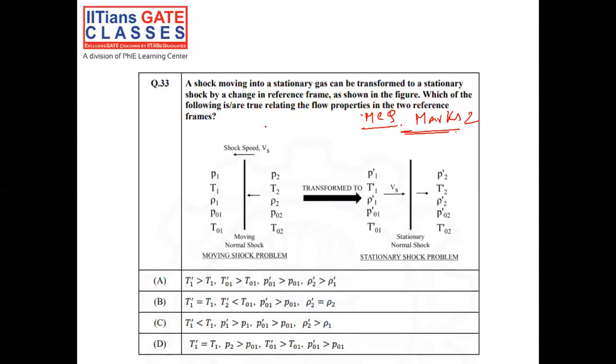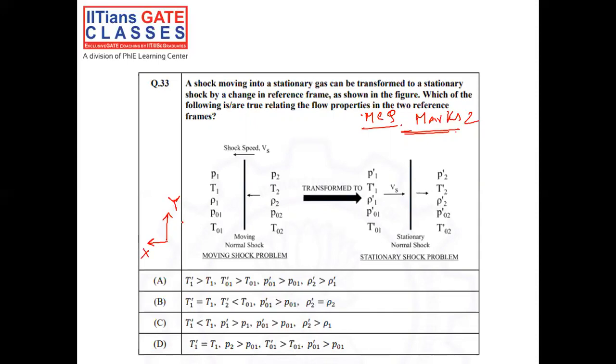Okay, so here what they're doing, first they have given this moving shock, which is a normal shock moving at a velocity Vs, and they are transforming this problem to a stationary normal shock problem by changing the reference. So this is a shock, in this coordinate frame, xy.